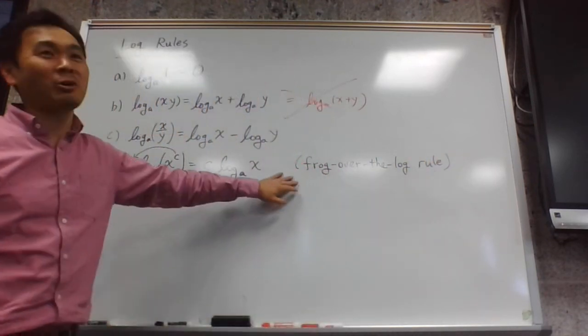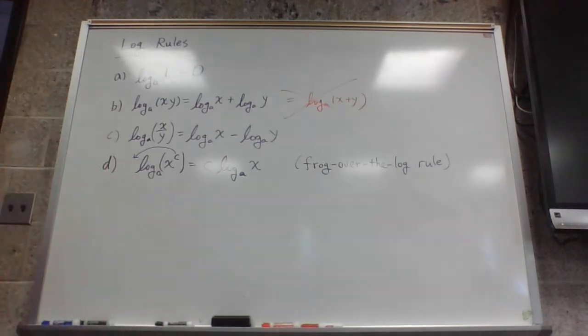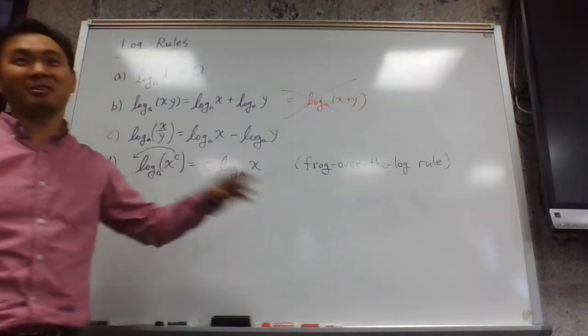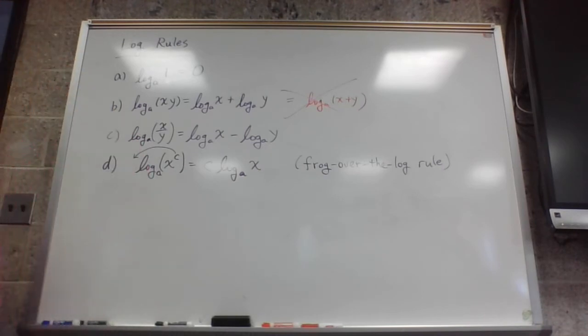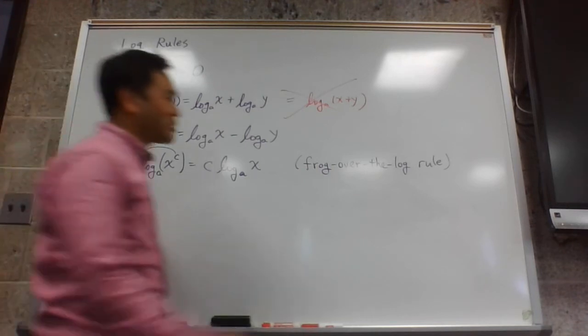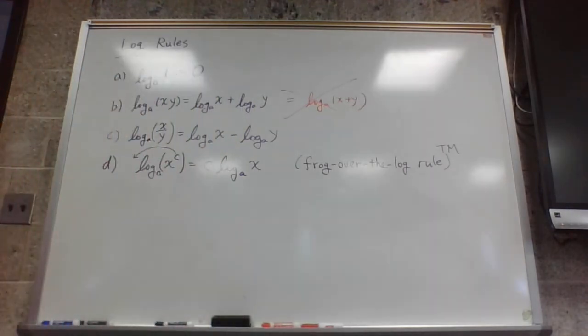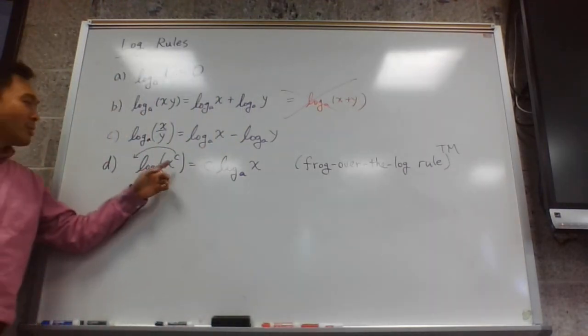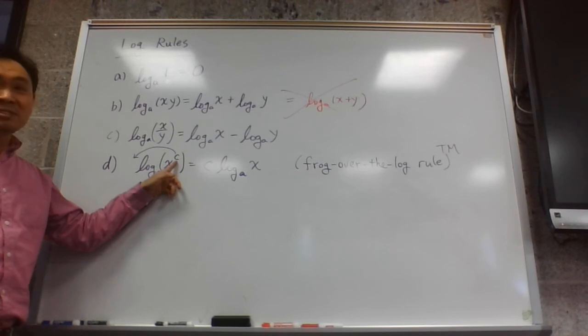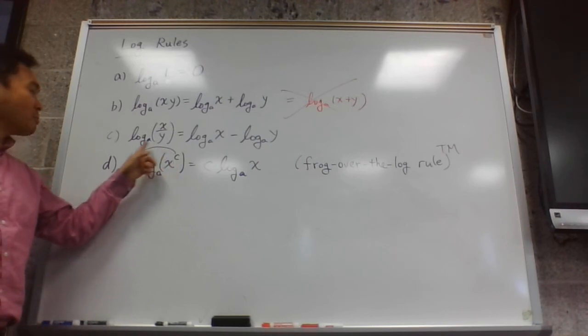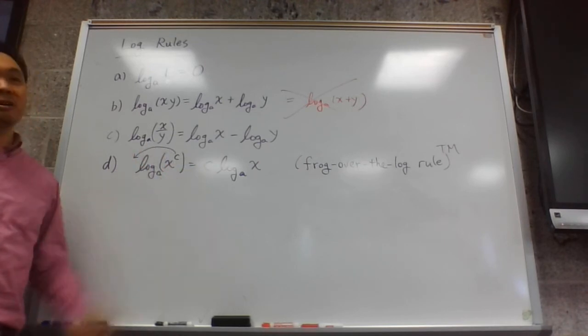And by the way, this is my own naming, so don't go telling other people frog over the log. They're not going to understand what you mean. Your tutors are not going to understand what you're saying. Right? I should trademark it, TM. Okay. The frog over the log rule. So the exponent inside the log, they jump over the log like a frog.